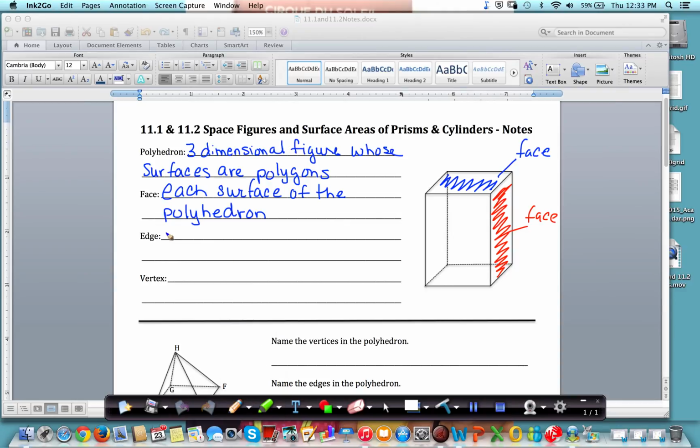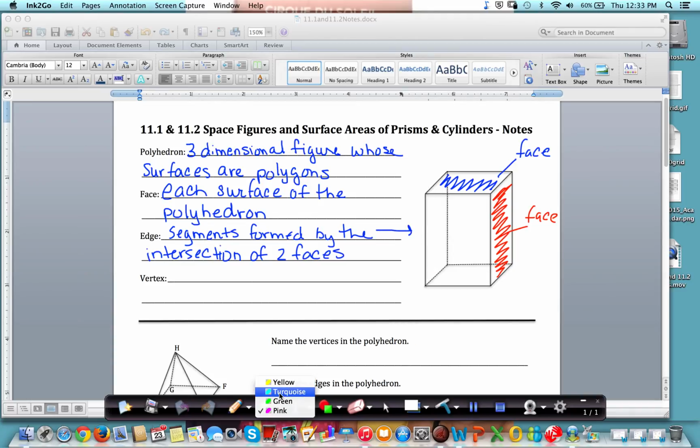So edges. The edges are the segments that are formed by the intersection of two faces. So, an edge.